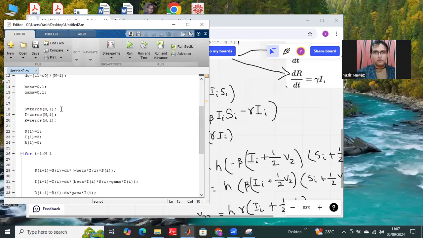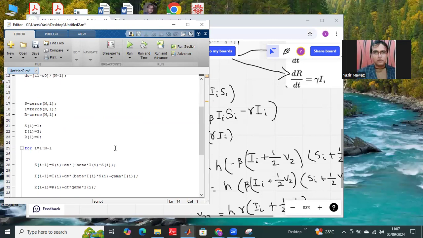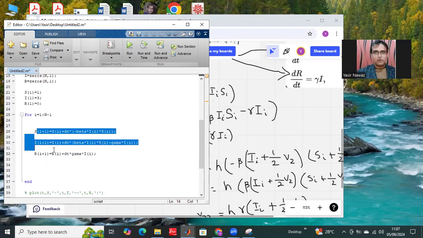S, I suppose the dependent variable with n rows and one column. I also suppose I as n rows and one column, and R as well. And these are the initial conditions S1, I1, and R1. So now I will comment this out, so MATLAB will not read these lines.